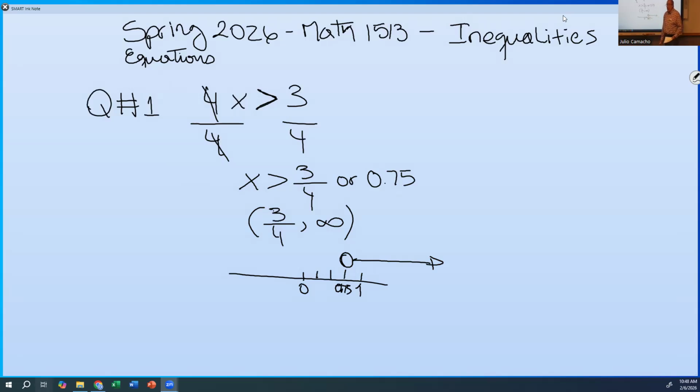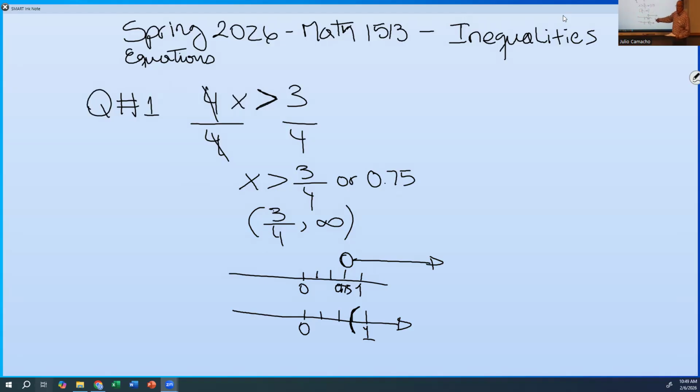Most likely, in your exam, you will have these pictures. They will give you the same thing, 0, you have your 4 ticks, that is your 1. And then where 0.75 goes, they will put a parenthesis in this way. And then your line will be pointing this way.